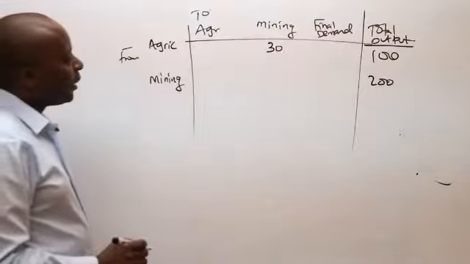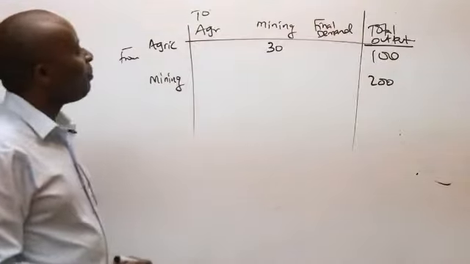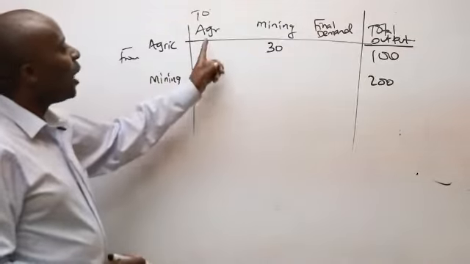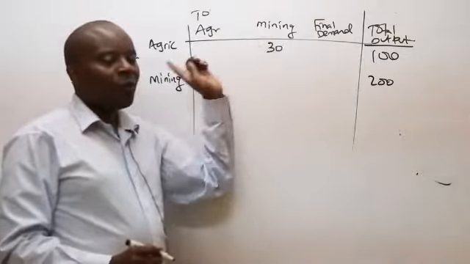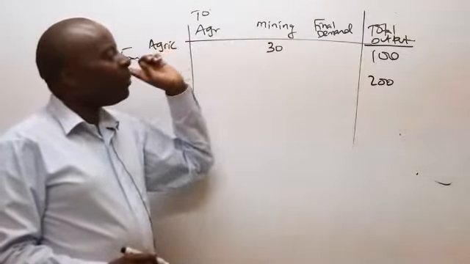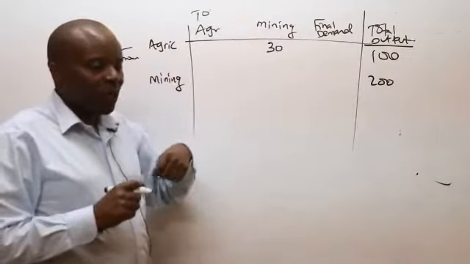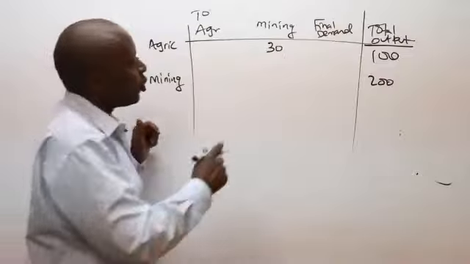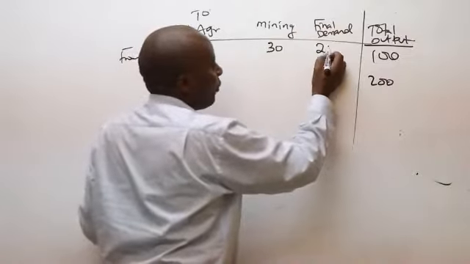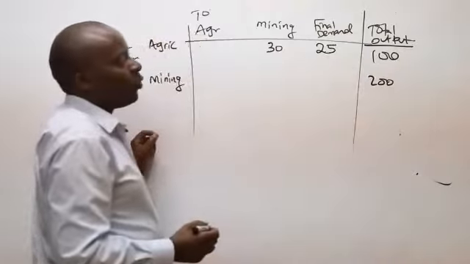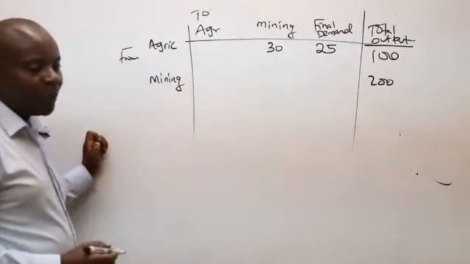And then some maize flowed out of the sectors for final consumption by us consumers, perhaps 25 kgs, what we call final demand.